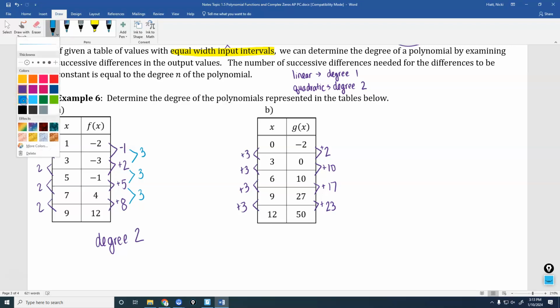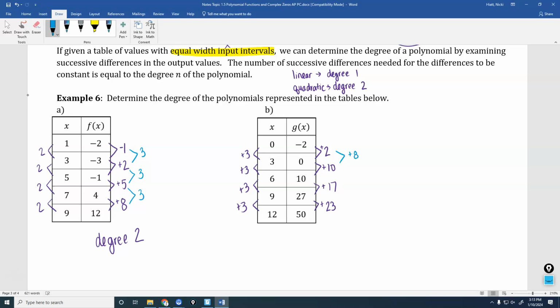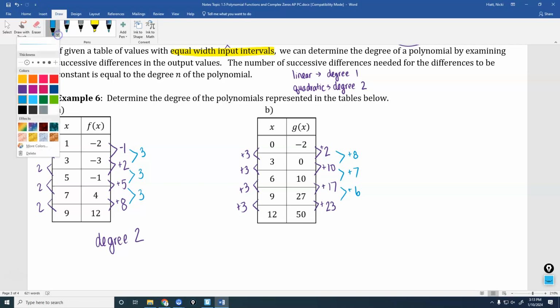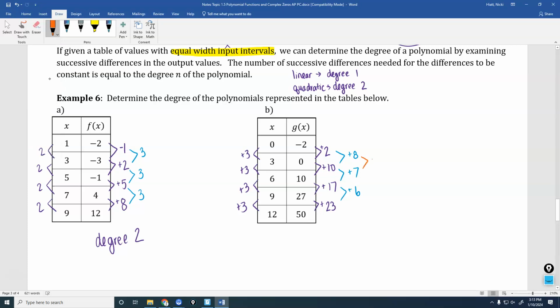We'll switch colors. Let's do it again. So from 2 to 10 is up 8. Then this is up 7 and up 6. So that number is not constant. So this is not a second degree polynomial, but you should start to see, oh, I think we're going to have a pattern on this next one. So from 8 to 7 is down 1.